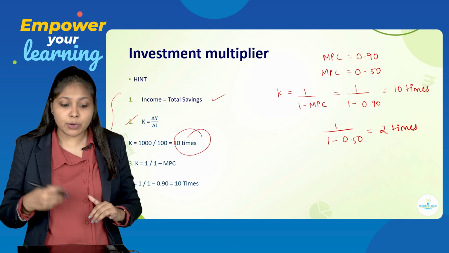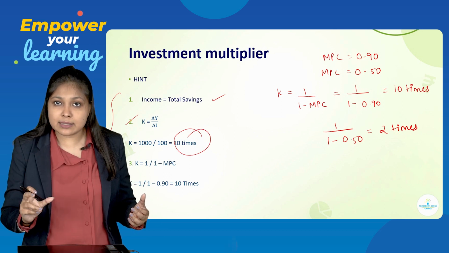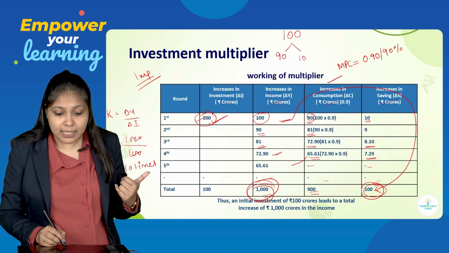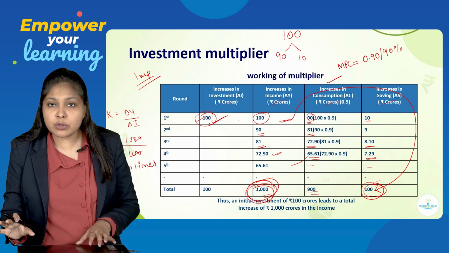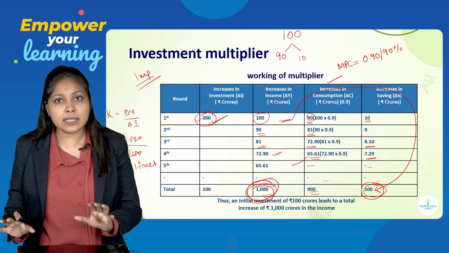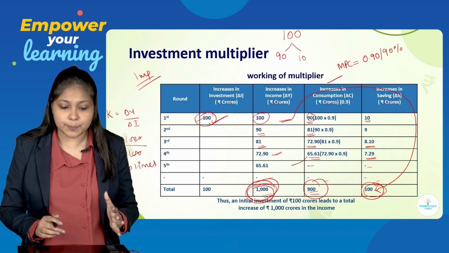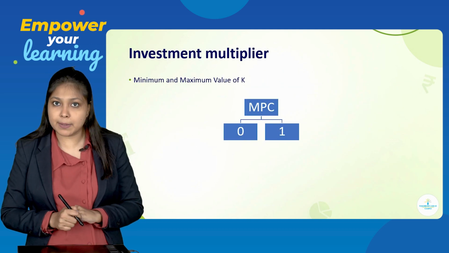Now again, if you want to be more clear, whatever the value of MPC you are considering, you put the value of MPC and see by how many times you have to show the increase in income. So if 100 rupees goes for savings and 1000 rupees is the increase in income, then obviously 900 will be consumption. That is how very simply you can show the working of the multiplier.